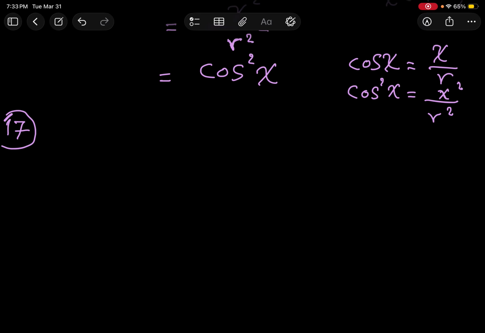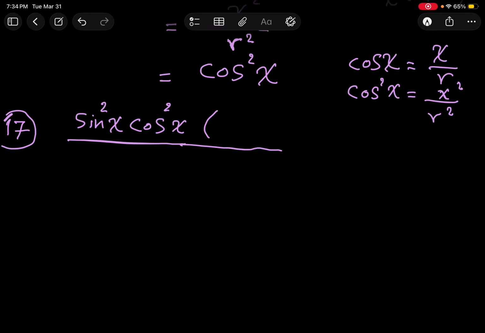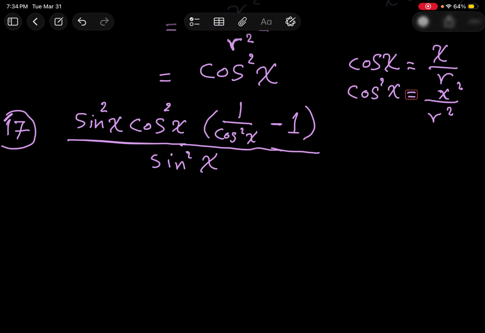We have the equation: sine square x cosine square x, and we have 1 over cosine square x minus 1, close the parenthesis, over sine square x.